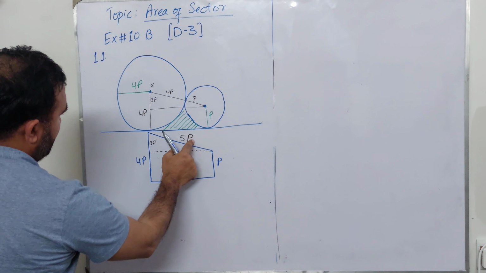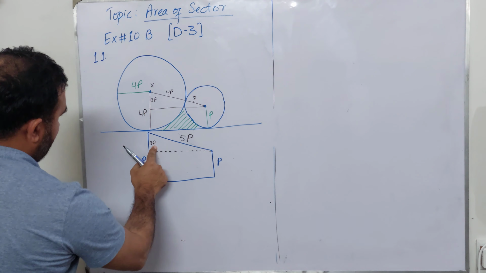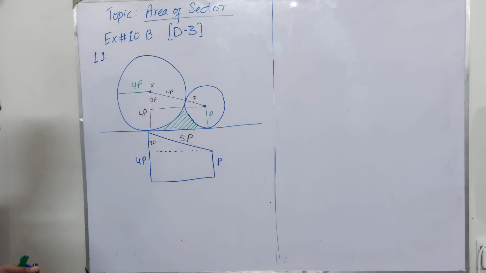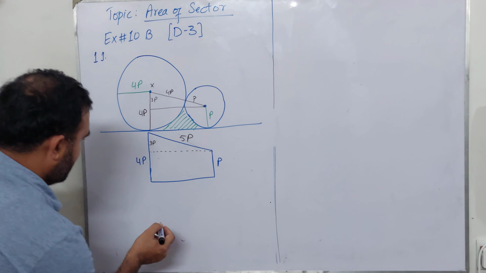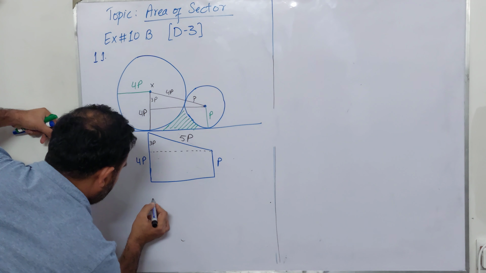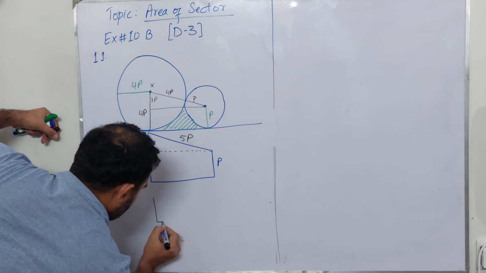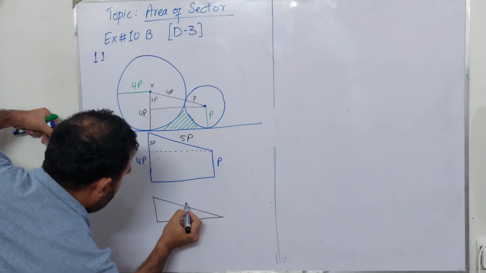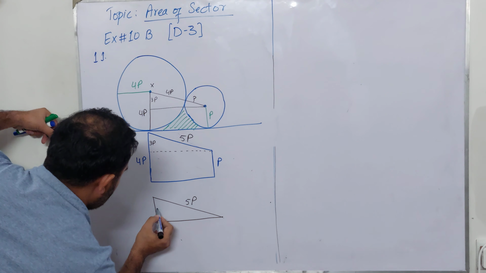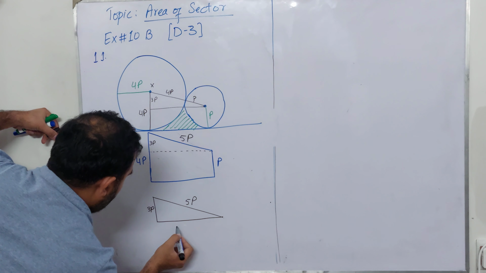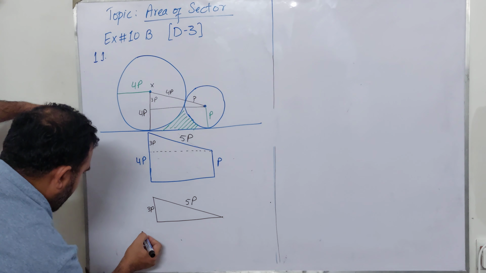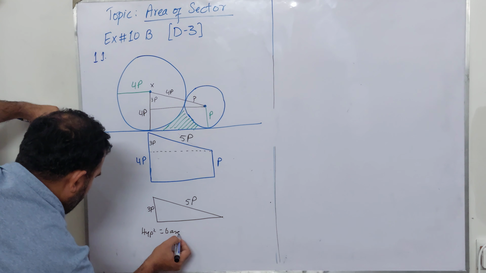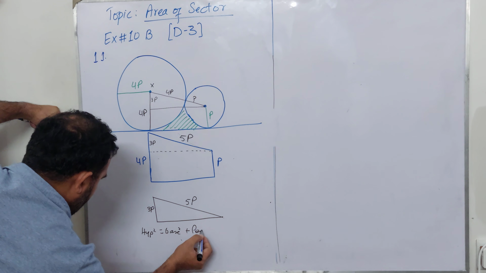So using this hypotenuse and this perpendicular, we can find this base, right? So using this right angle triangle, we have this is 5p, this is 3p, and we can easily find this using the formula hypotenuse square is equal to base square plus perpendicular square.